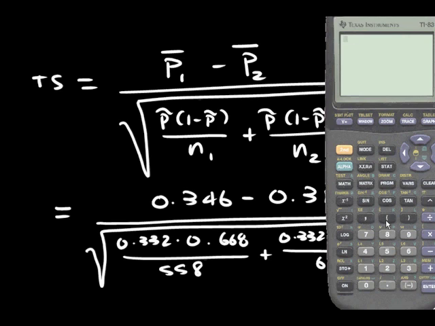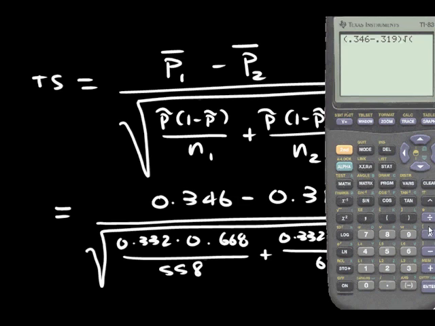Now be careful here. Automatically when you use square root, let's go back, we have to divide by a square root. I'm going to suggest you put a second open parentheses, so you have a parentheses within a parentheses.